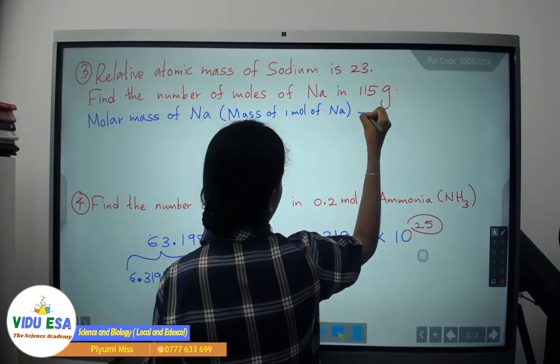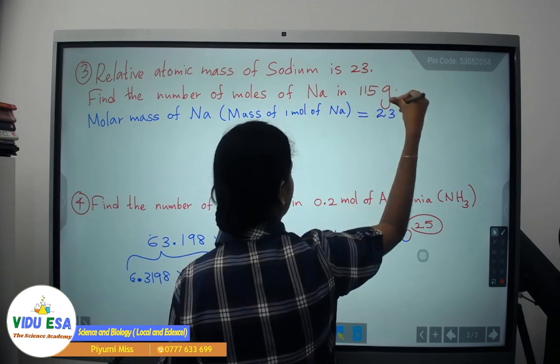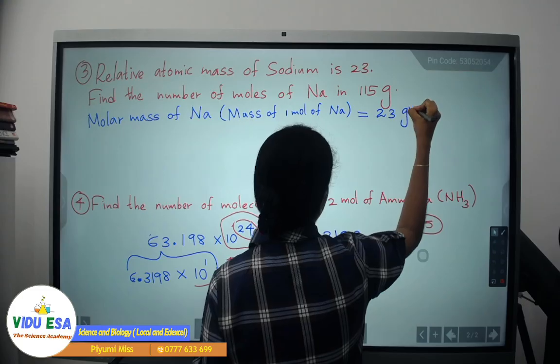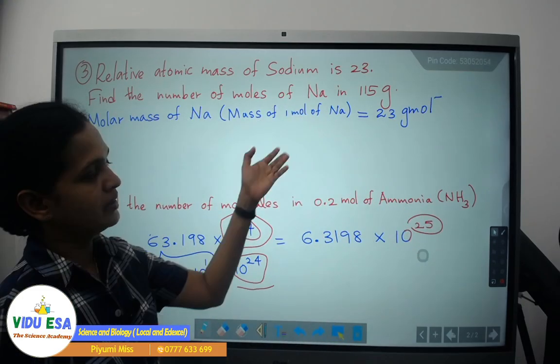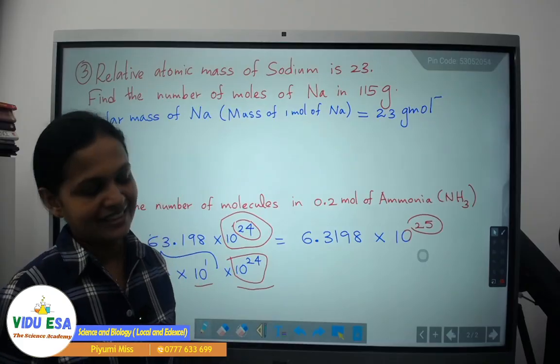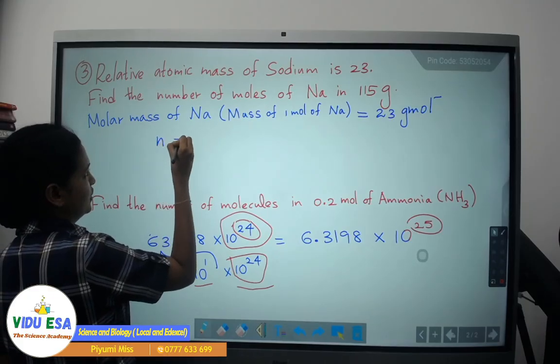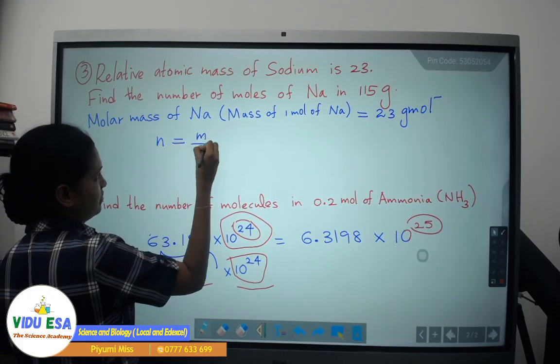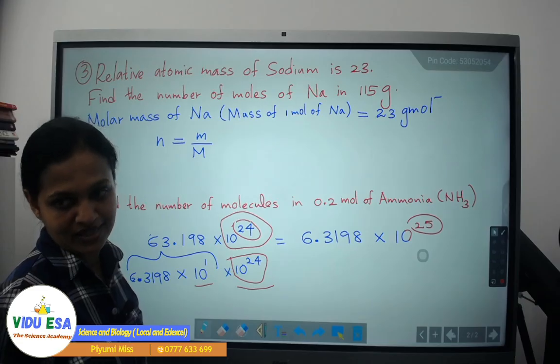That is equal to 23. The relative atomic mass taken in grams, molar mass, grams per mole. The unit of molar mass is grams per mole. Then can you remember, we wrote an equation, the number of moles equals mass divided by the molar mass.